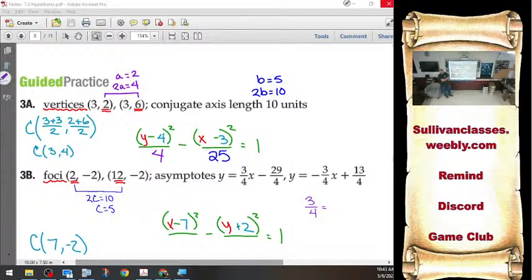A over B or B over A? But is it direct correlation? Can I just say B squared is 9 and A squared is 16? I do have to check it. Because, yes, the B will correlate with 3, the A will correlate with 4.